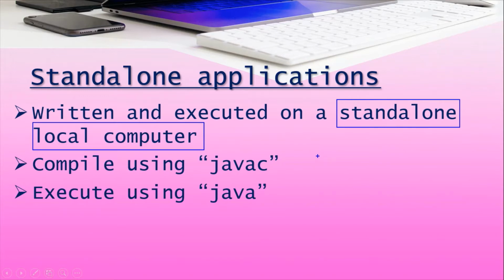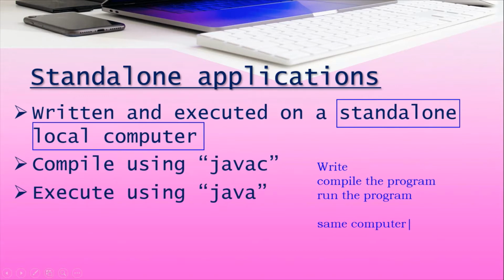We compile the Java program and run the Java program in the same computer. Then it is called a standalone application. So first we write the Java program, then we compile the program, and we run the program on the same computer. This is what we call a standalone program.